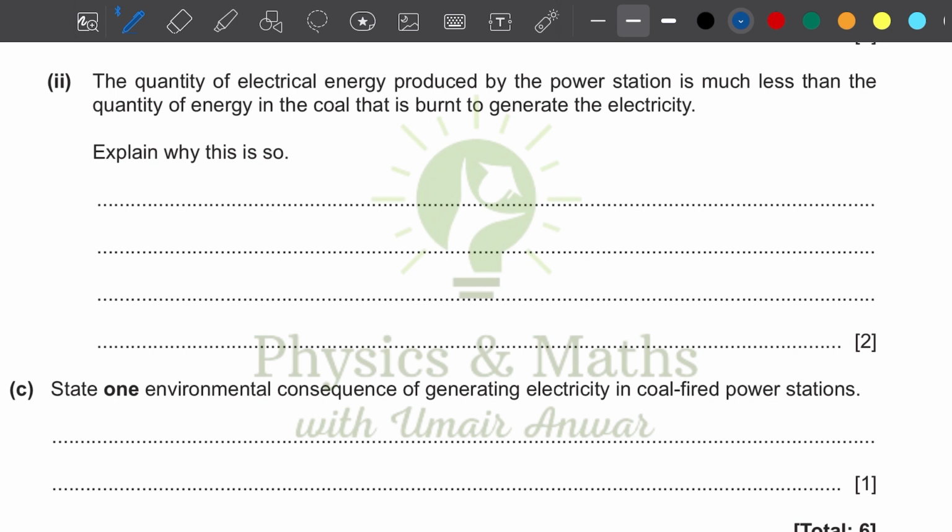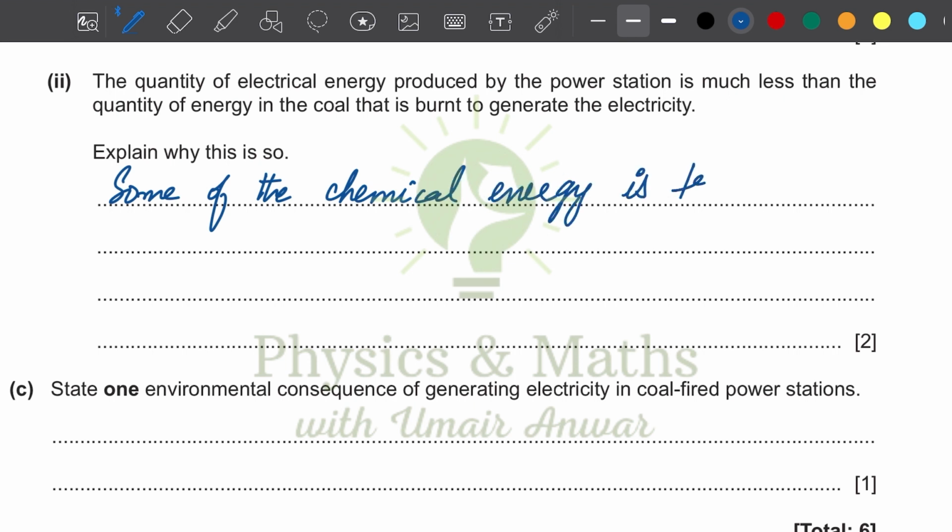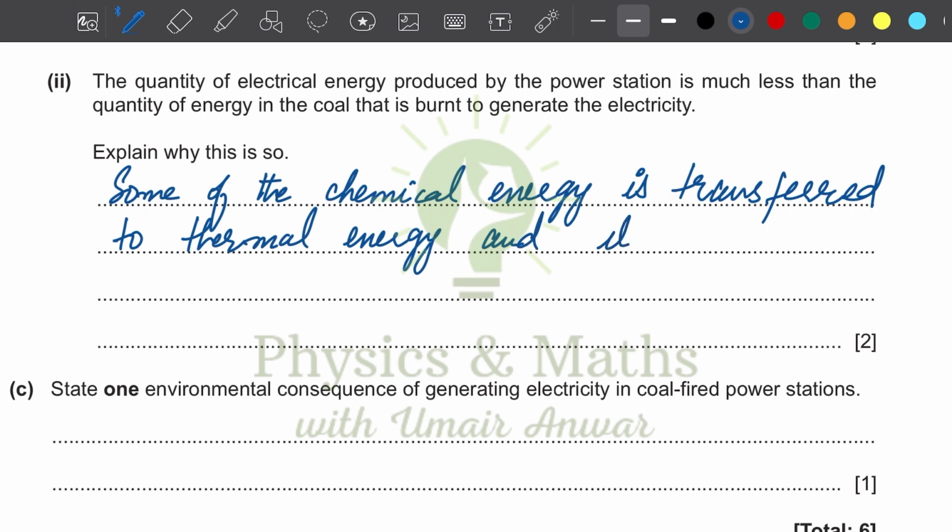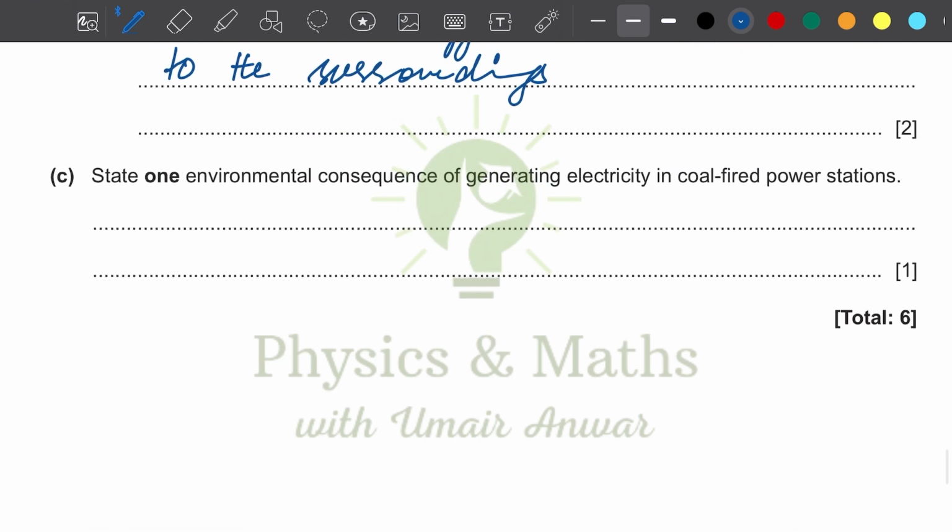So the reason for this is that some of the chemical energy is transferred to thermal energy, and this thermal energy is lost to the surroundings. So it is wasted and not converted into electrical energy.